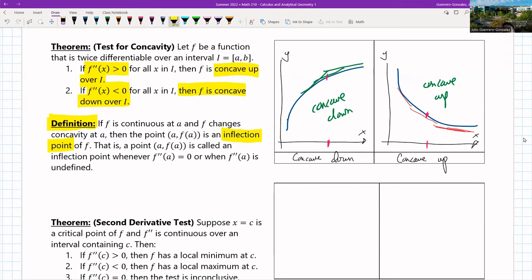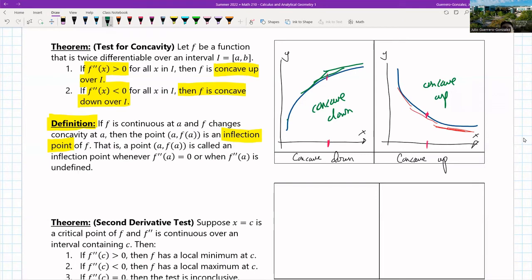They can squiggle up, they can squiggle down. As you know what the definitions are now, they can be concave up and concave down. There comes a point where it goes from bowling up to bowling down, from concave up to concave down, or vice versa. It goes from concave down to concave up. That point is called an inflection point.